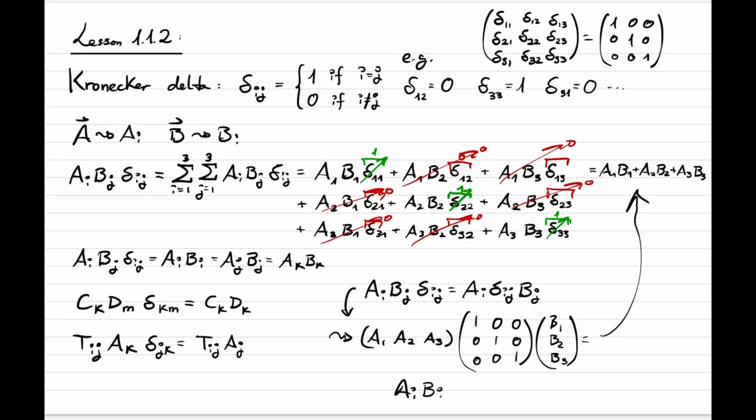One last thing that I wanted to mention, and the video is getting longer than I expected, is that you can interchange the indices of the Kronecker delta and everything stays the same. This happens because if we have delta 1,2, it's going to be 0, as well as delta 2,1. The same for 2,3 and 3,2, and when you interchange them nothing changes.